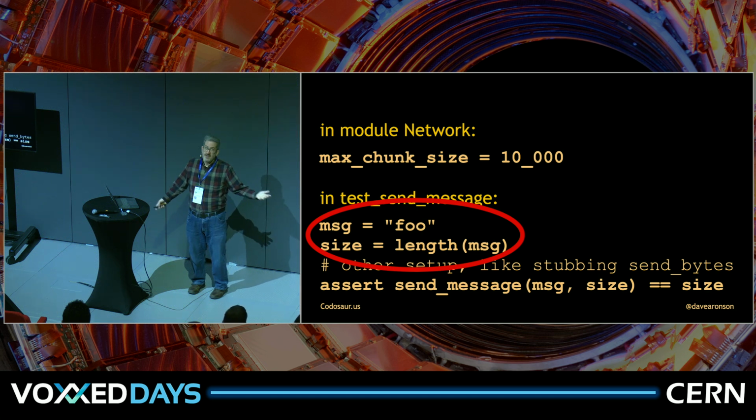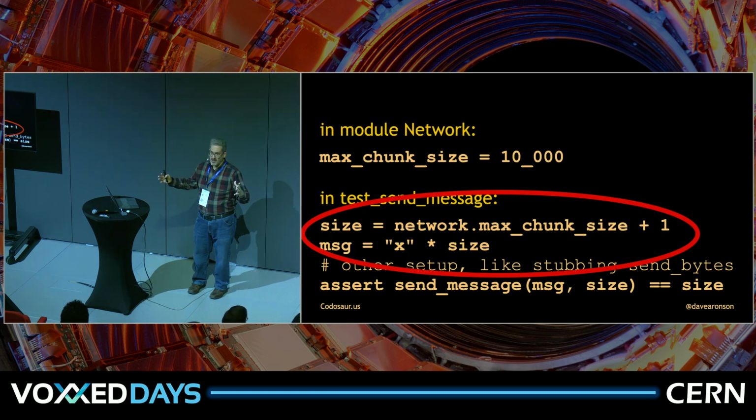The obvious fix in this case is to deliberately use a message larger than send bytes can handle in one chunk. And with this kind of fake messaging, it's trivial to do so. We take our maximum chunk size, add any amount, and make that big a message.